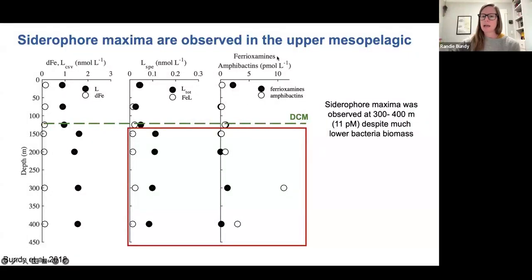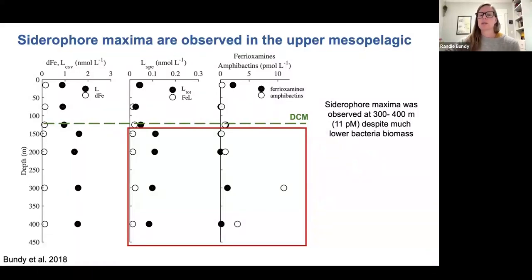So we were measuring two classes at this time, ferrioxamines and amphibactins. And we were pretty surprised that the highest concentrations that we saw of these compounds were in the upper mesopelagic zone, up to about 11 picomolar. These are small concentrations, but this profile was really surprising to us because we didn't think at all that the siderophores would be higher deeper in the water column as dissolved iron concentrations are generally slowly increasing.